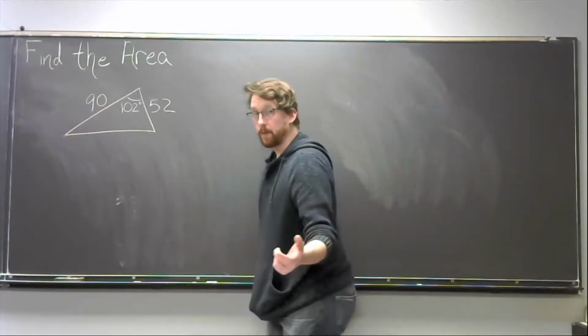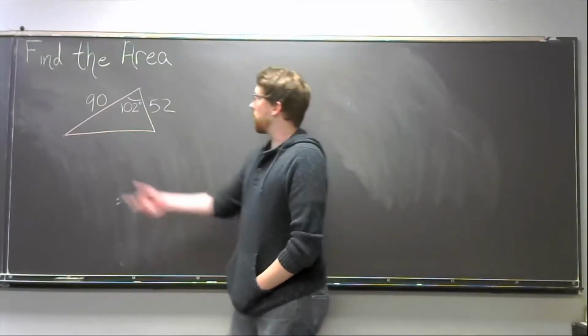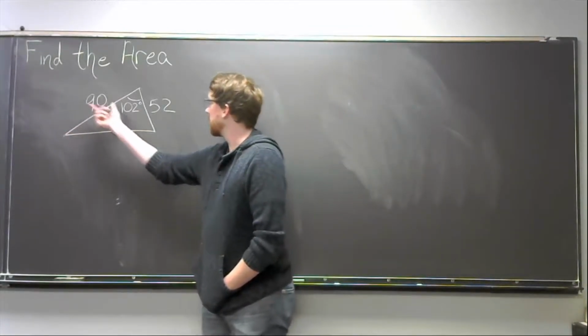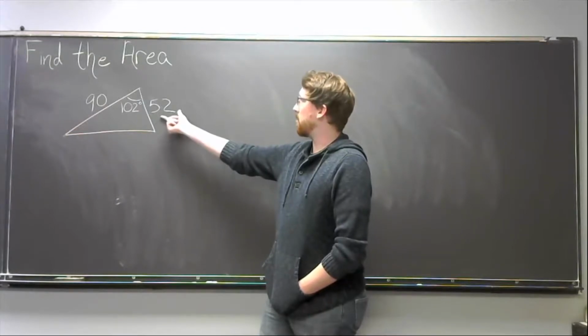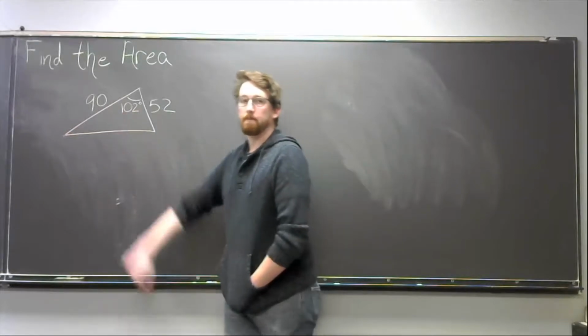All right, so for this first example, what we've got is a triangle with one leg that's 90 meters, another leg that's 52 meters, and the angle between the two is 102 degrees.